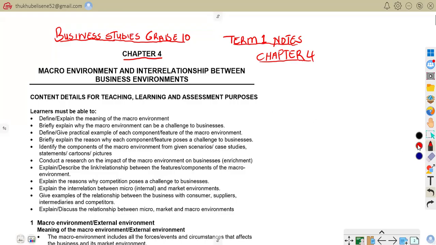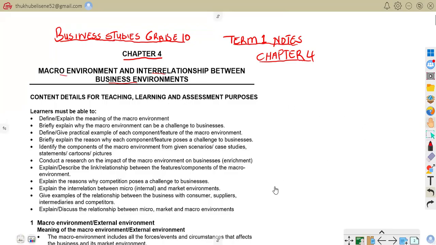So, without wasting much time, let's quickly go to the business of today, as we are going to talk about the macro environment and the interrelationship between business environments. That is what we'll be focusing on in today's presentation. So let us be together from the start of this presentation to the end of it.